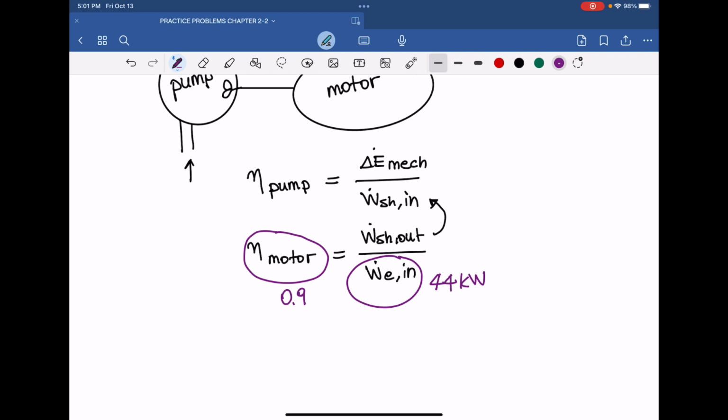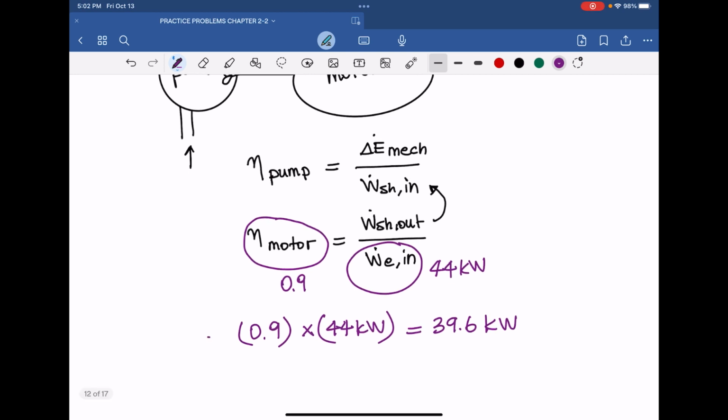Let's do that. Yes, so this is 39.6 kilowatts. Now, that tells us we have found the shaft power output.